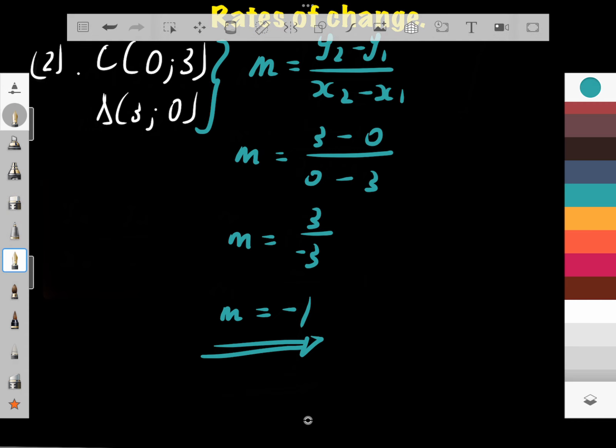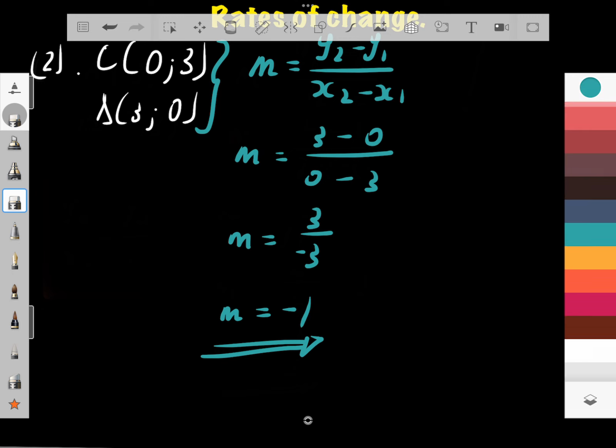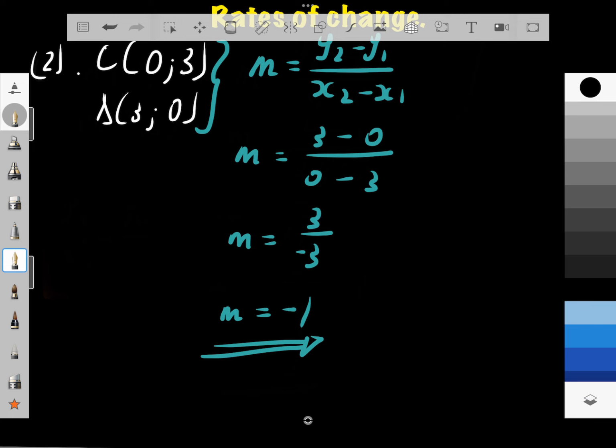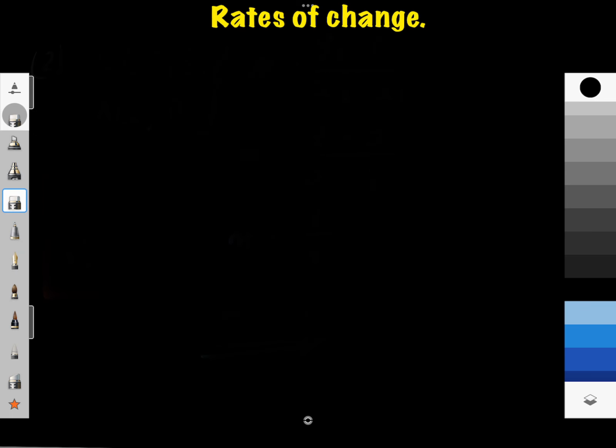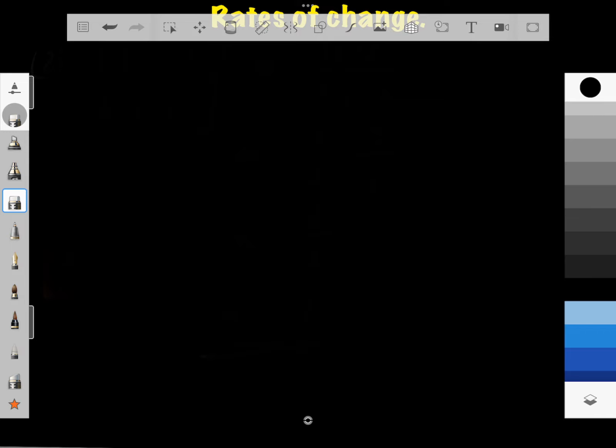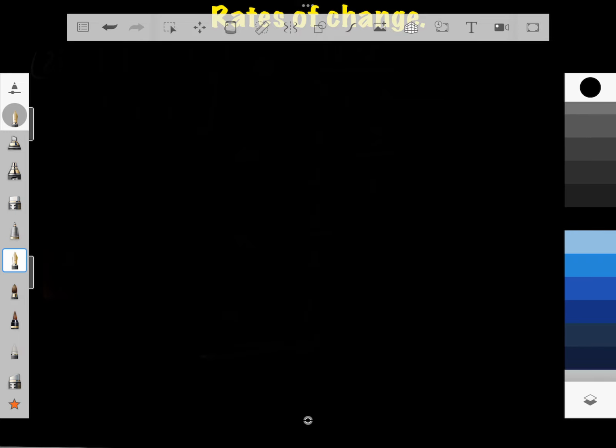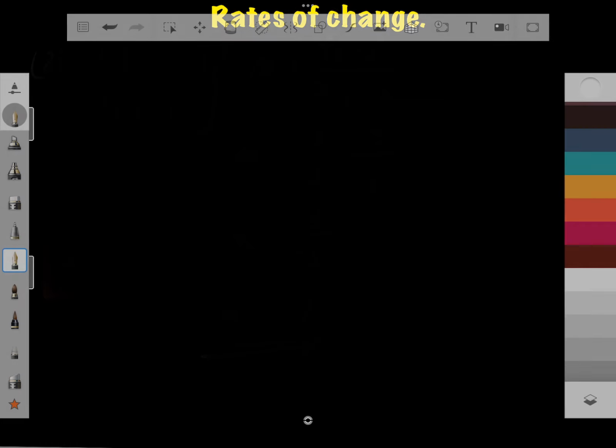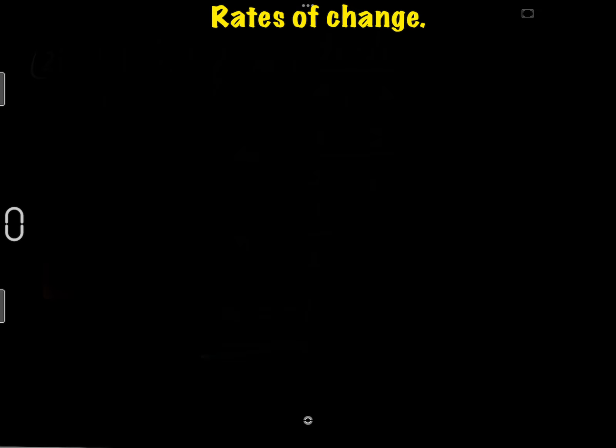Let's look at a third example. So example 3, we are given two coordinates, E and F. So the coordinates at E are where x is equal to 0 and y is equal to 0.